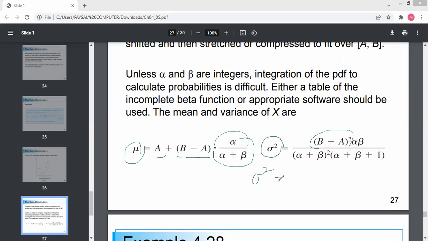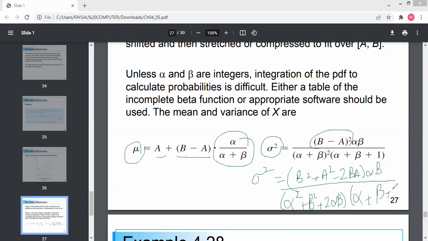Sigma squared will be (B minus A) whole squared, which means B squared plus A squared minus 2AB, multiplied by alpha beta, divided by (alpha plus beta) whole squared, which expands to alpha squared plus beta squared plus 2 alpha beta, times (alpha plus beta plus 1).